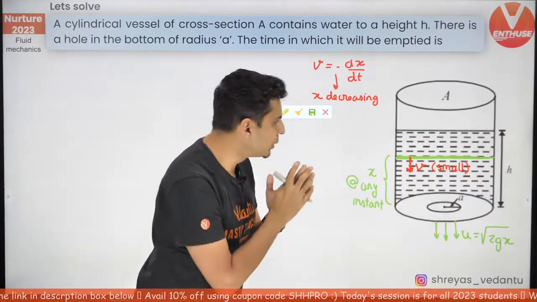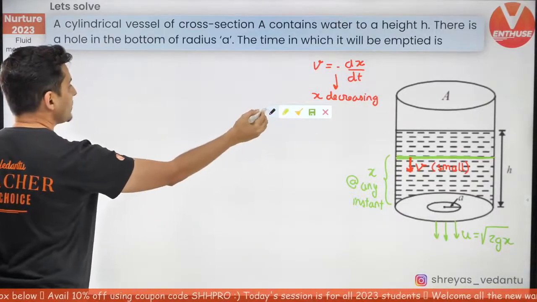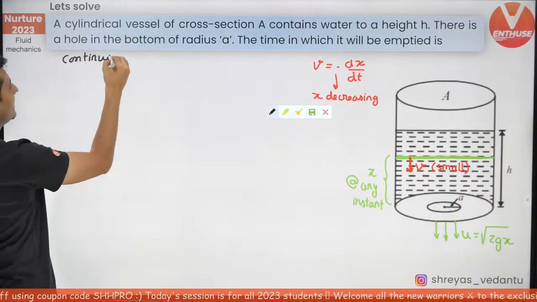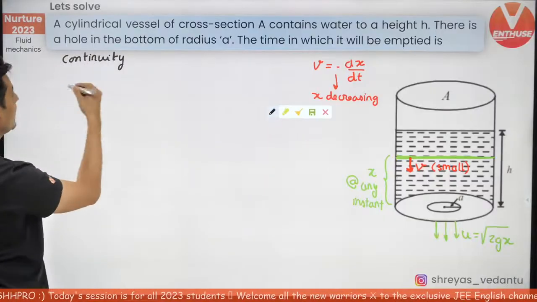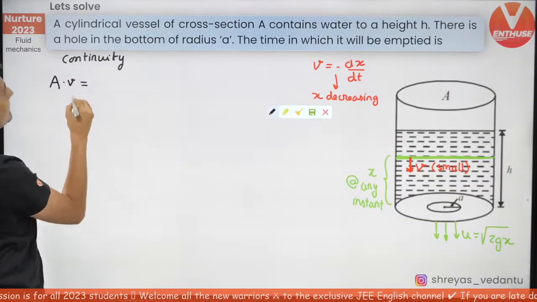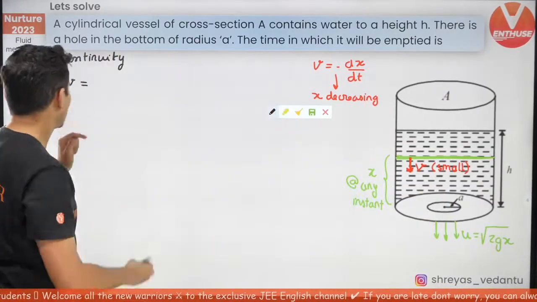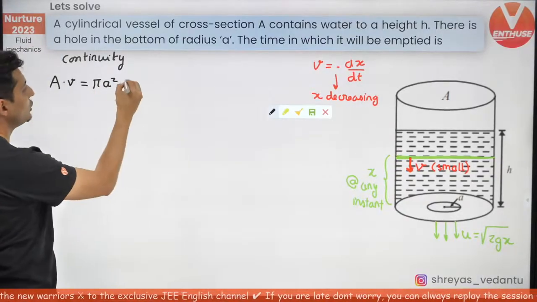Now I know u. How can I find v? Use continuity. Using continuity, I get the big area A into V equal to the small hole's area, which has radius a, so it will be pi a square into u.